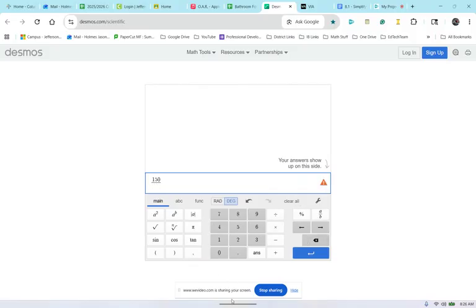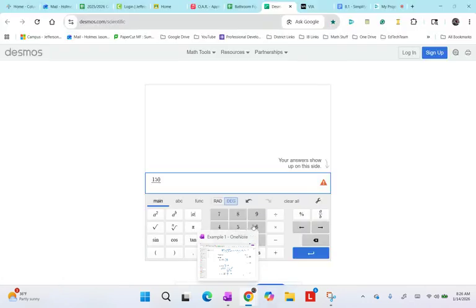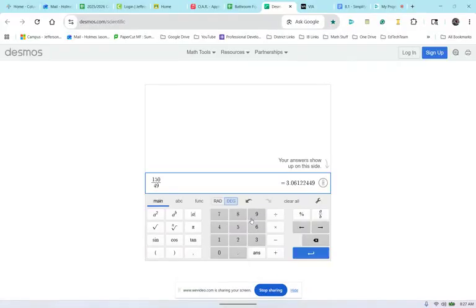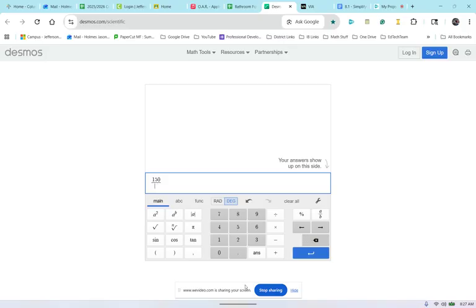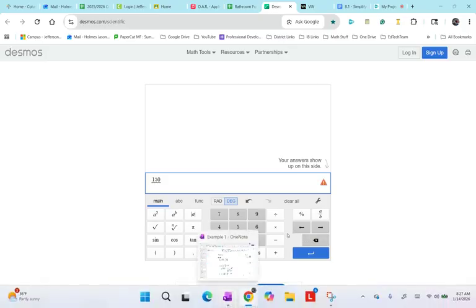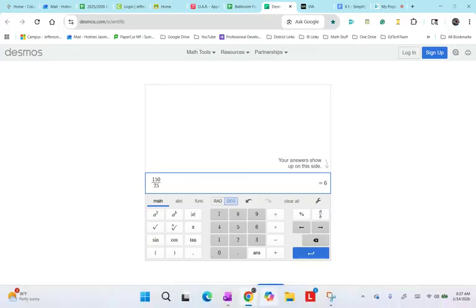I'll go with the next square number under that, 49, so divide by 49. That also doesn't work. And as we go down, you'll start to see, the next one is 36. 36 does not work. And then the one after that is 25. And 25 does work. And it's 25 times 6.